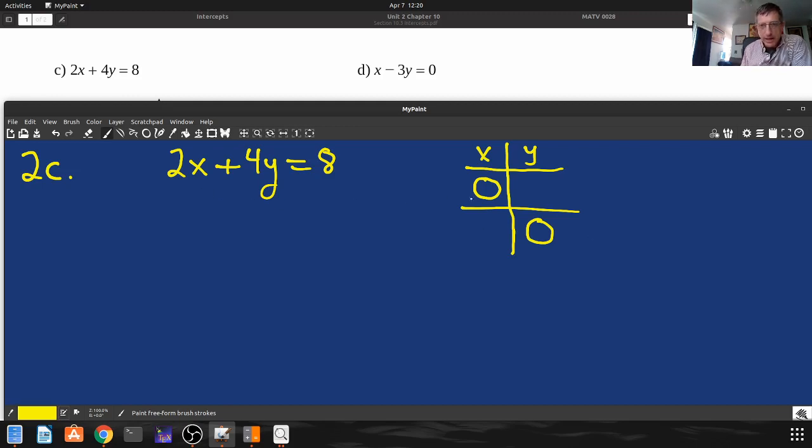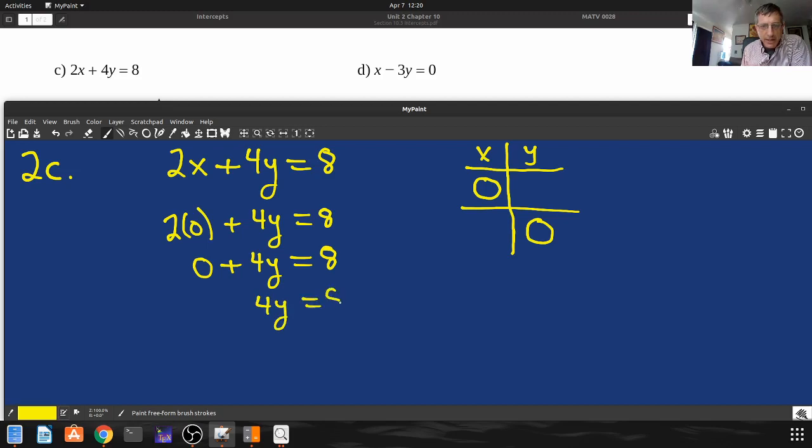So let's set x equal to 0. So I have 2 times 0 plus 4y is equal to 8. So 2 times 0 is 0, so that gives me 0 plus 4y is equal to 8. So that's the same as 4y is equal to 8.